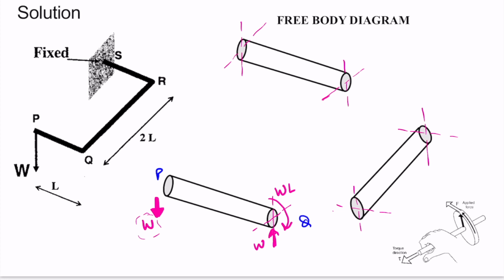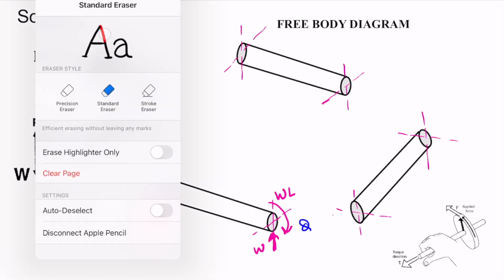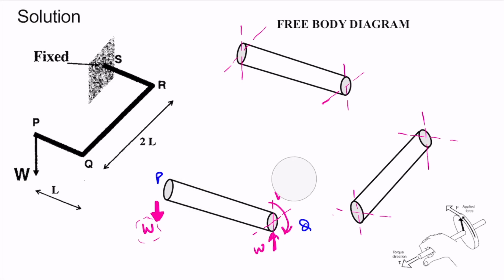So this is the free body diagram for the portion PQ. Let me use a different color for the moment. So this is the moment WL.